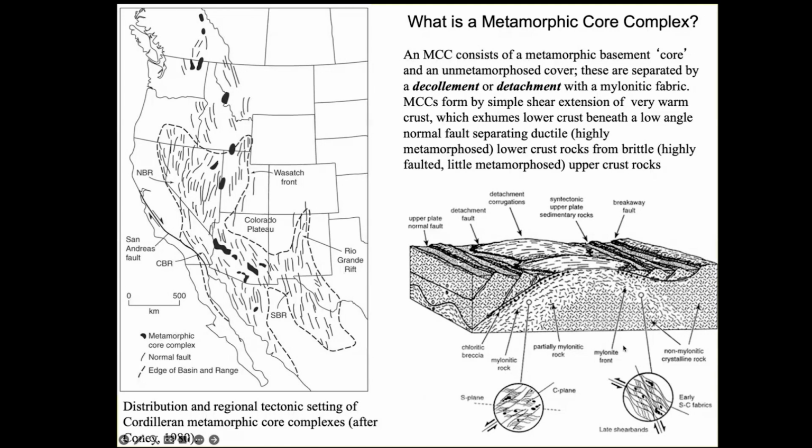And this is an excellent three-dimensional representation of a metamorphic core complex. What you're seeing here is this listric fault that's high angle, but has actually been exhumed. This fault, which was originally at depth, has come to the surface where geologists can study it.